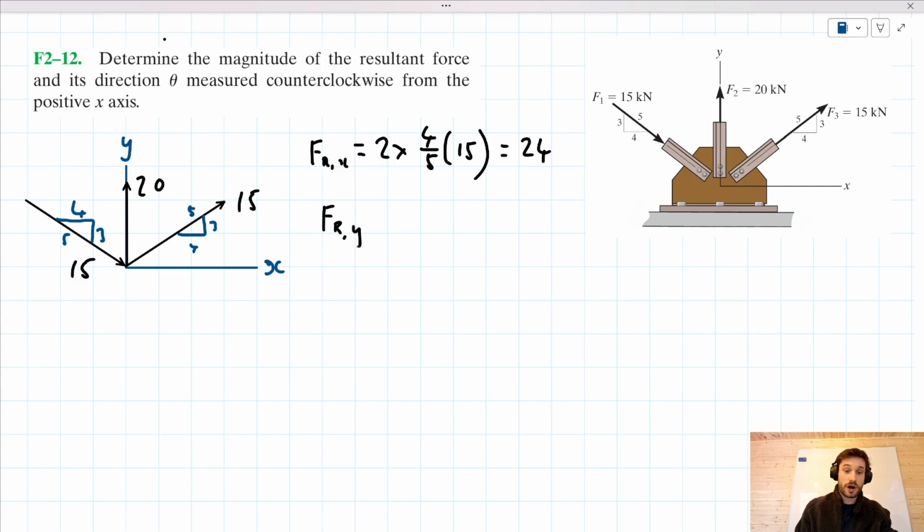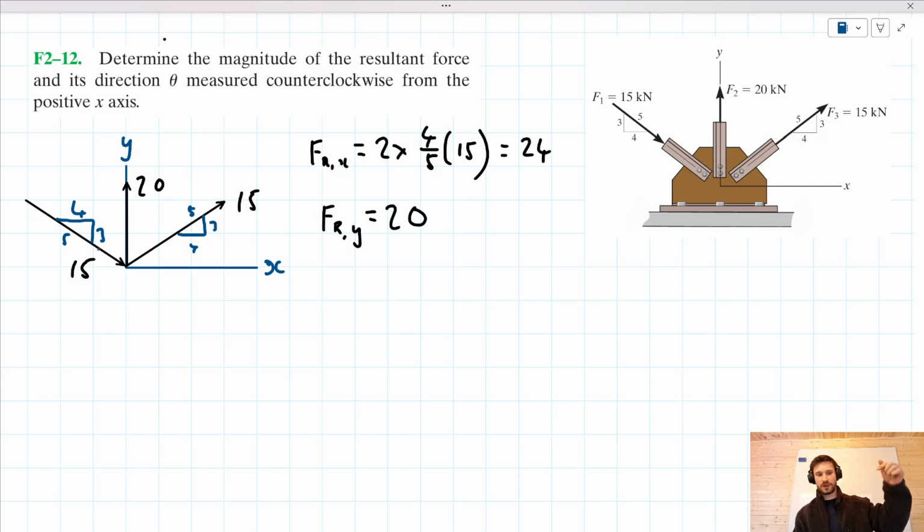F_R,y. So let's look at the vertical components that we've got here. We've got this 20 kilonewton force acting up. We can also consider the vertical components of these 15 kilonewton forces, but note that one 15 kilonewton force is acting in the bottom right direction, and the other in the upper right direction, so they have the same magnitude vertical component.